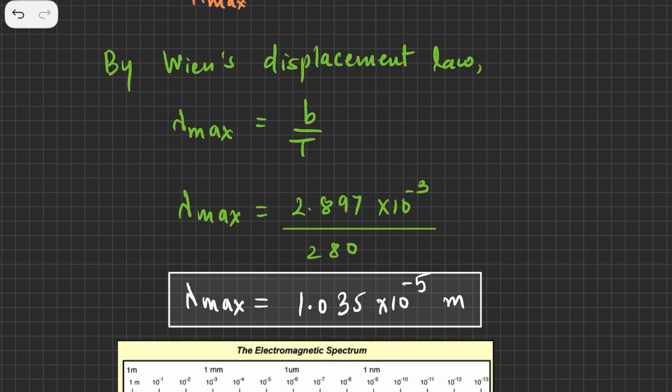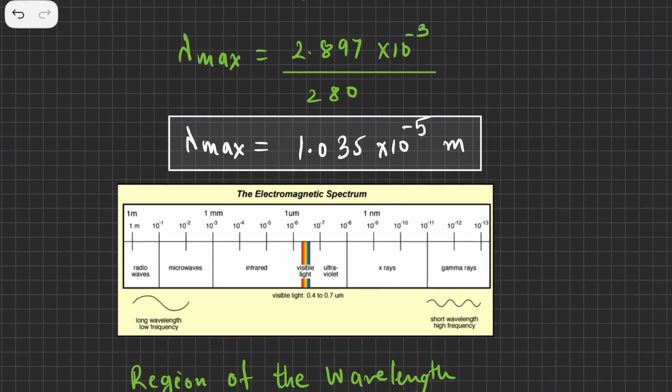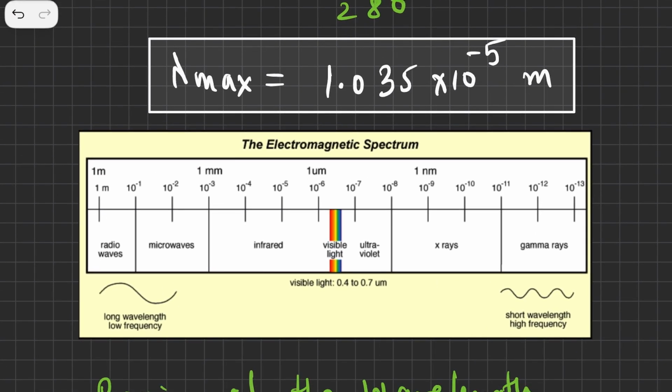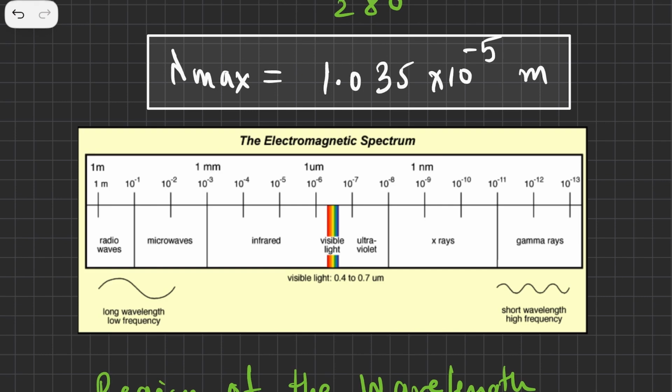Now the third part is what region this wavelength belongs to. I have shown you this electromagnetic spectrum. Definitely you are not supposed to draw this while solving, but I have given it to make things clearer. On the left-hand side is long wavelength and low frequency, and wavelength and frequency are inversely related.